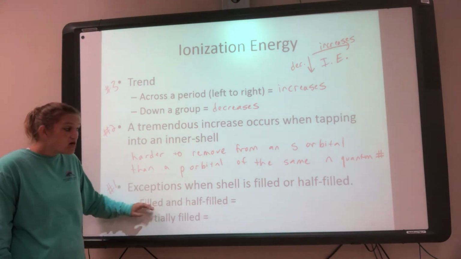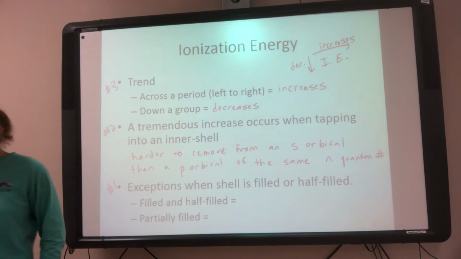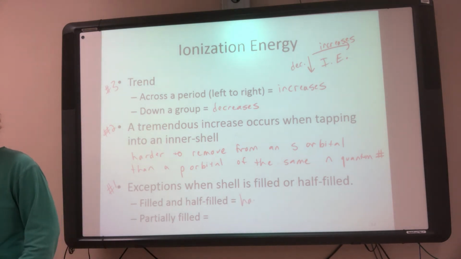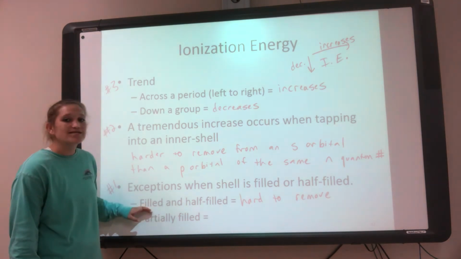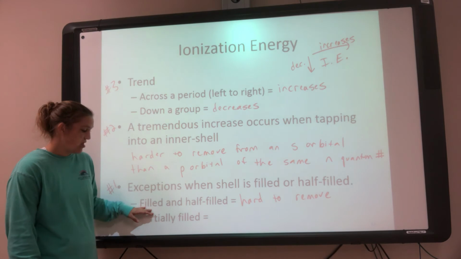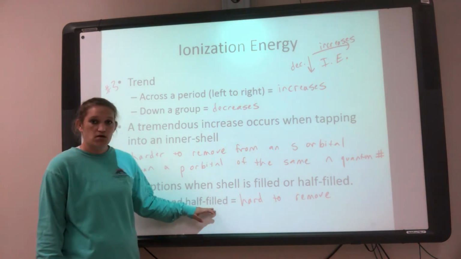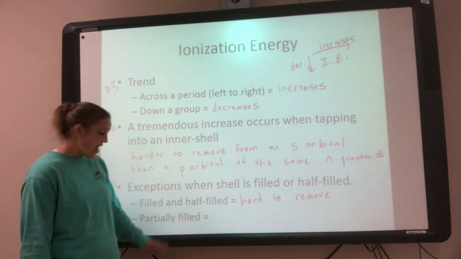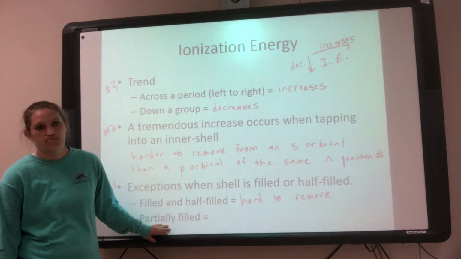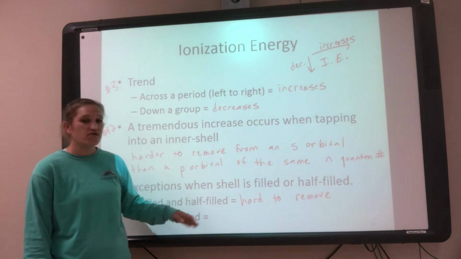So if it's filled, it's going to be really hard for you to remove an electron. It's going to be really hard because I'm happy. I'm happy being filled and you're messing with me. If I'm half filled, I'm not as happy as if I'm filled, but I'm way happier than if I'm not balanced. Okay? So if I'm half filled, think about a p orbital.